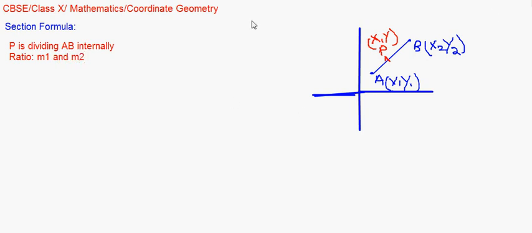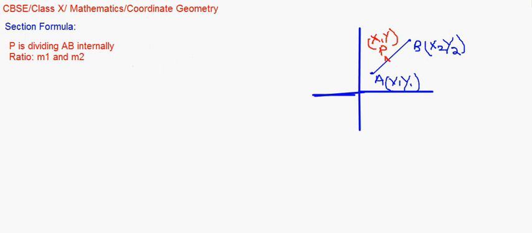When we write a ratio, I always write it in terms of like 3:2, or 2:1, or 3:4, whatever way we write it. In this ratio, the first part is referred to as M1 and the second as M2. I'll erase this, I just did it for explaining.